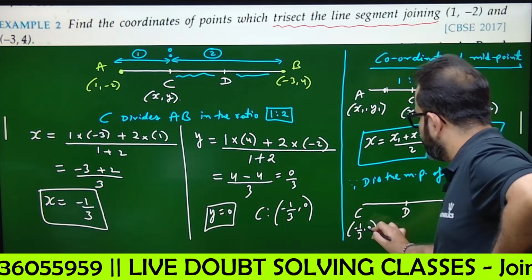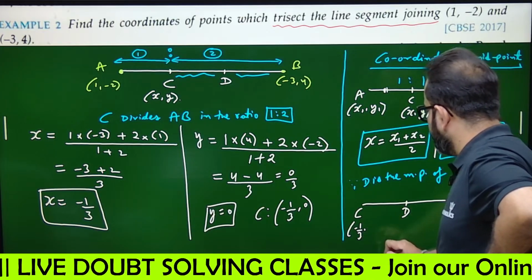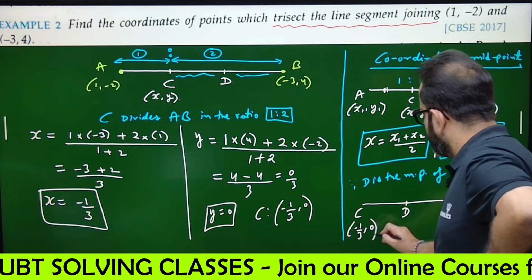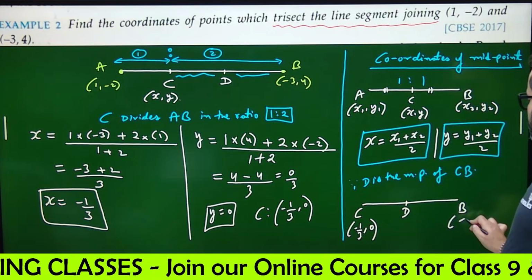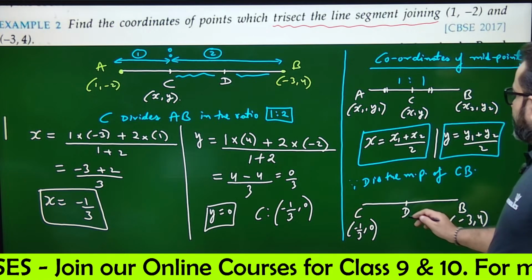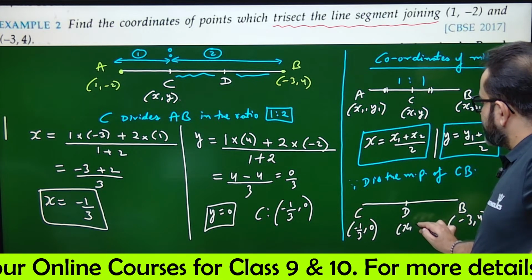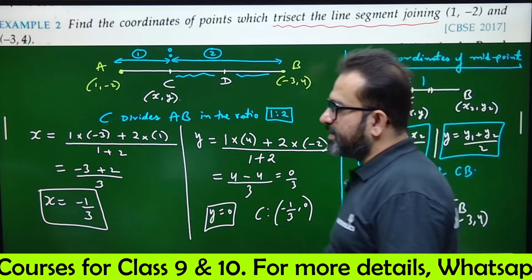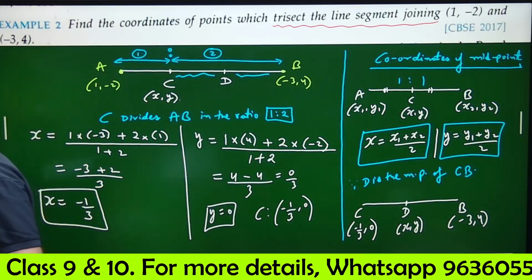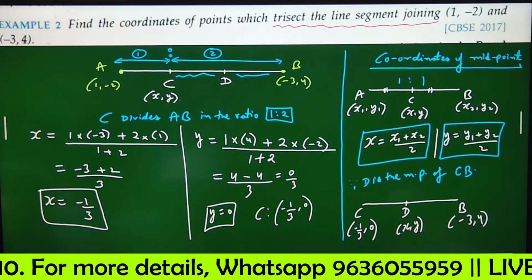And B as it is, -3 comma 4. Let the coordinates of D now be X comma Y. So can we find X and Y? Yes or no?